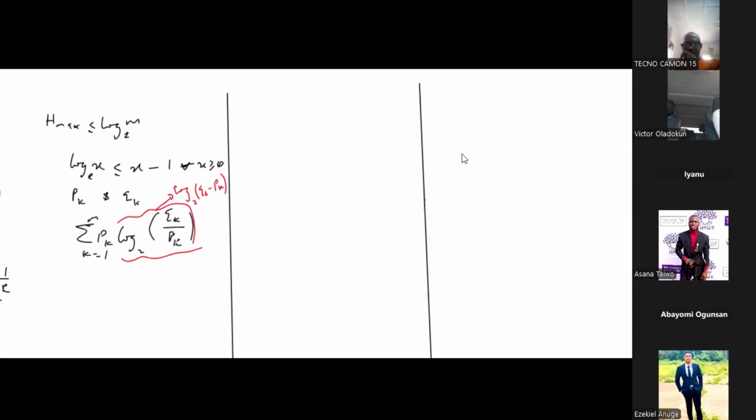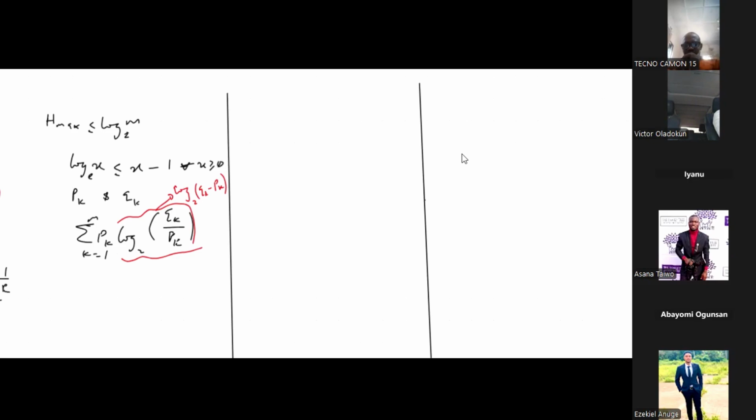Now, if that is clear, then we can rewrite this term. Should we do base conversion? This is base 2. Let's assume we want to convert this to base 10, change of base, okay?